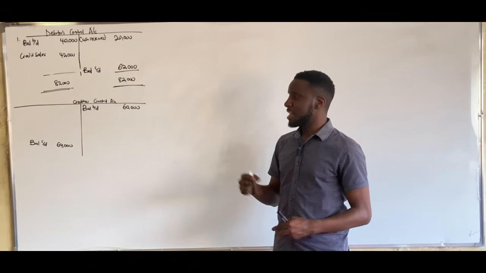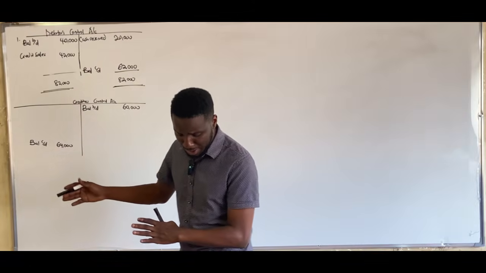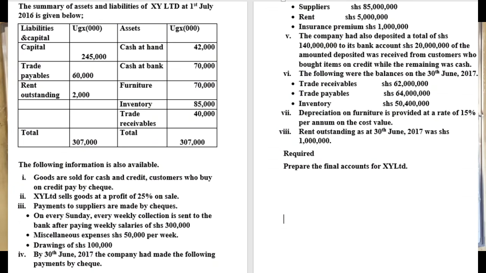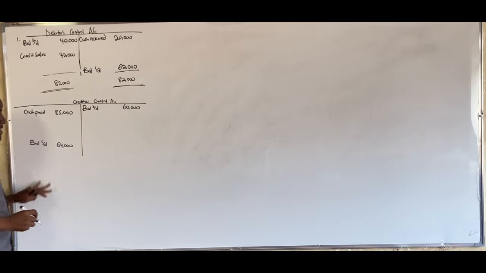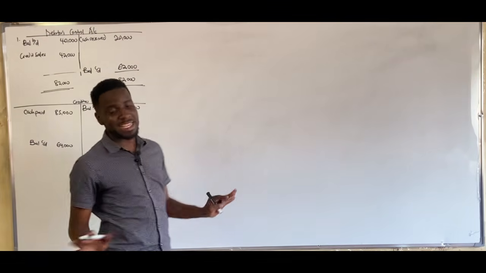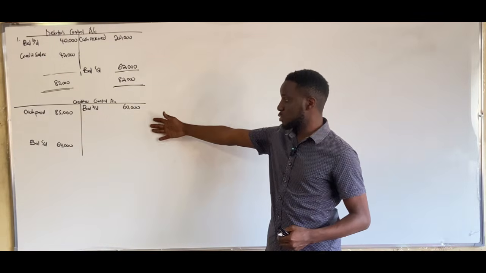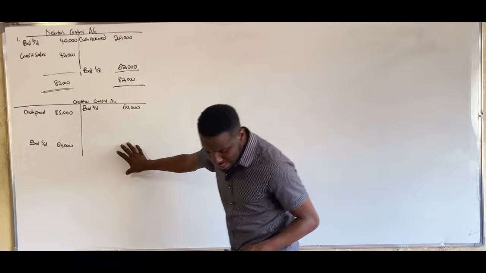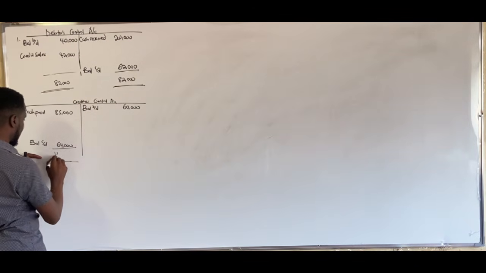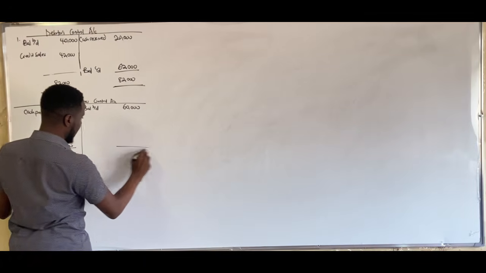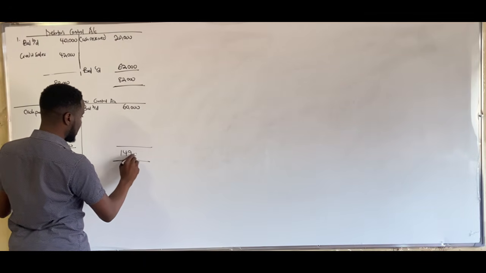Now, remember, they told us that cash payment to suppliers during the year was 85,000. So if you can check through the question, the payment was 85,000. So you come here and say cash paid, and that cash paid is going to become 85,000. So here we don't have any other item that's supposed to come here, meaning that when you add the two, you're going to get a total of 149,000, and this side shall have 149,000.